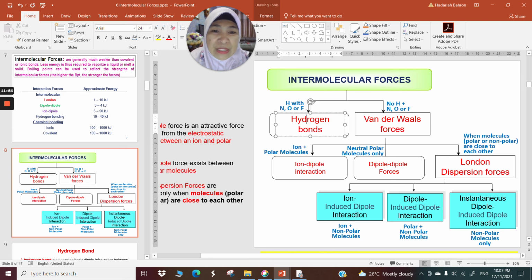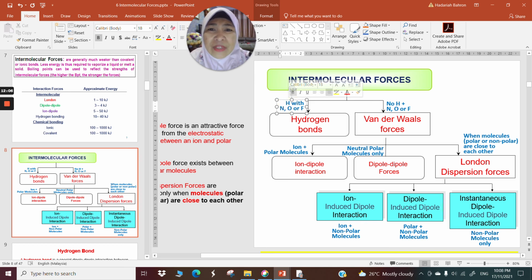Hydrogen bond, that means the hydrogen. I'm going to go through hydrogen bonds with you later. I'm sure you have probably encountered hydrogen bonds before, but I'm going to go through it anyway. It is hydrogen in the presence of three very, very electronegative atoms, which are nitrogen, oxygen, and fluorine.